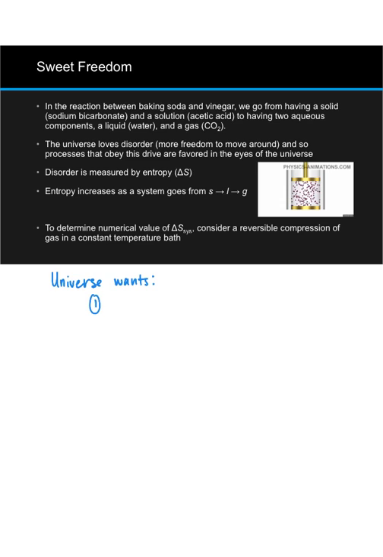One, to get energy when possible, for a process to provide energy back to the universe so that our universe doesn't have to do work. And two, to maximize disorder. If we can accomplish these two things, then the universe is satisfied with the process.